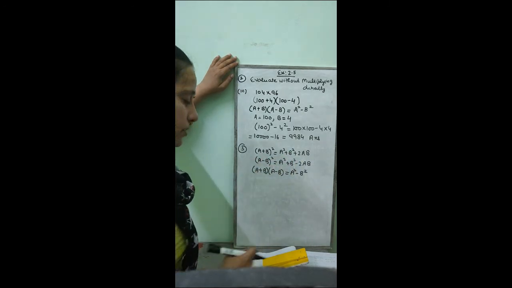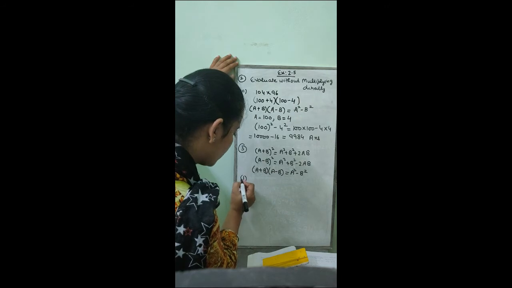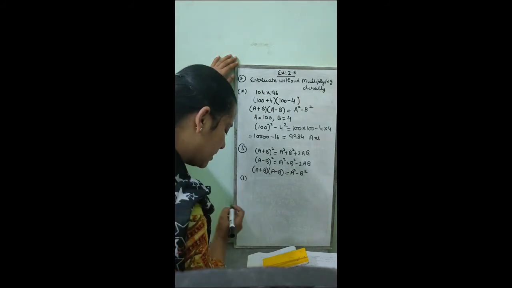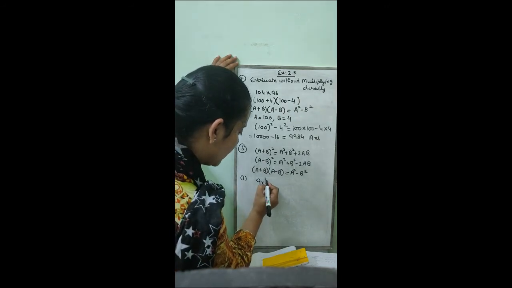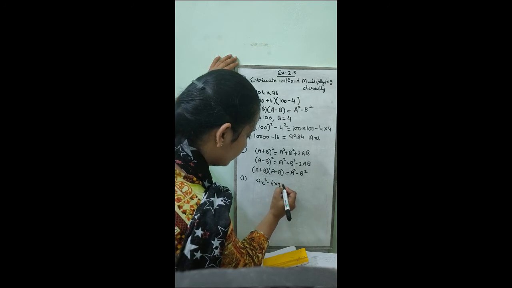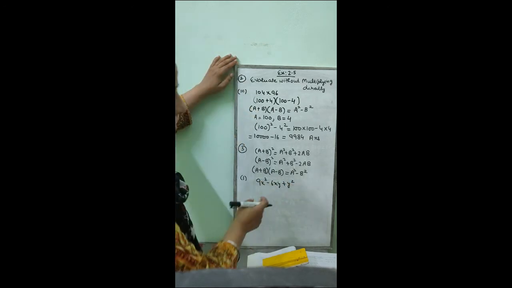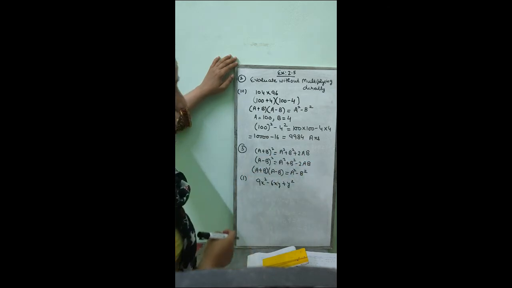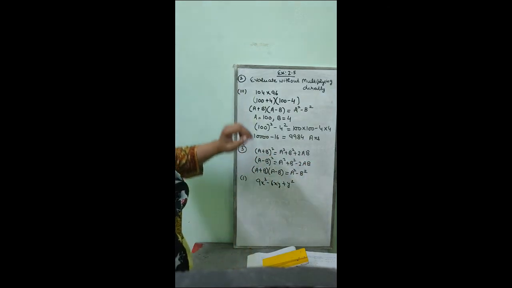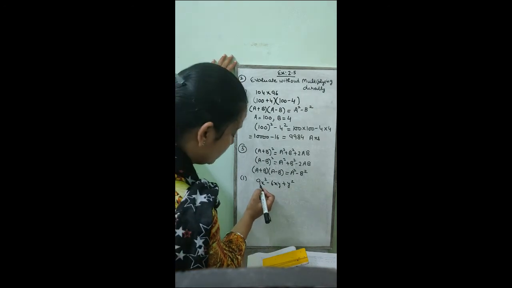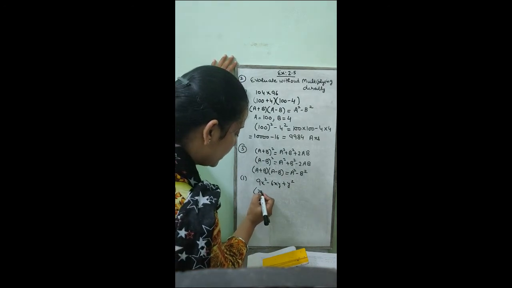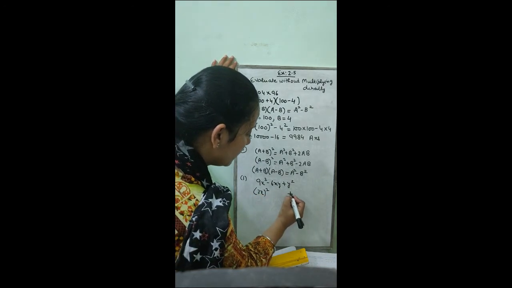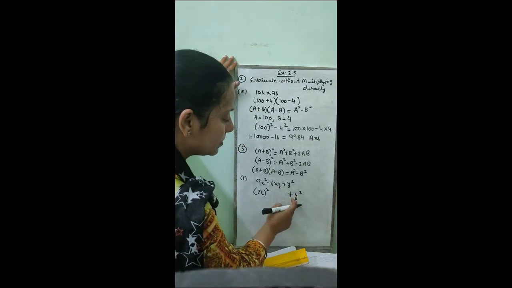Clear? Means like in third sum first part, you are given with the statement 9x square minus 6xy plus y square. This is the expansion of (a minus b) whole square, right? We will write this in bracket notation. Suppose this is (3x) whole square, this is y square, a square plus b square.